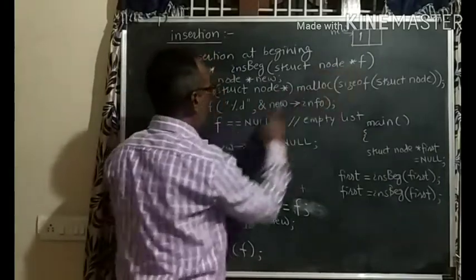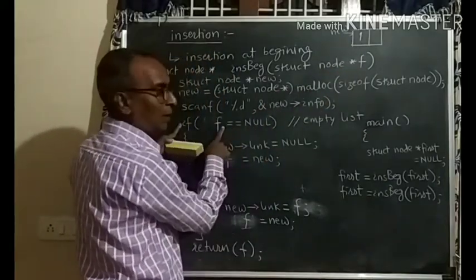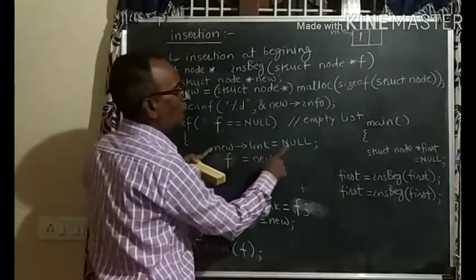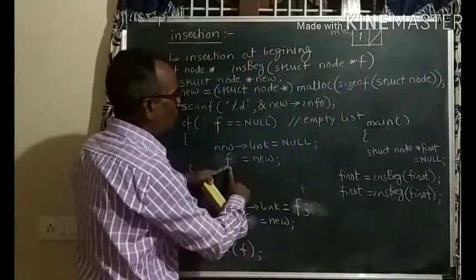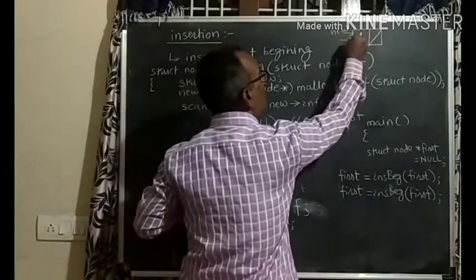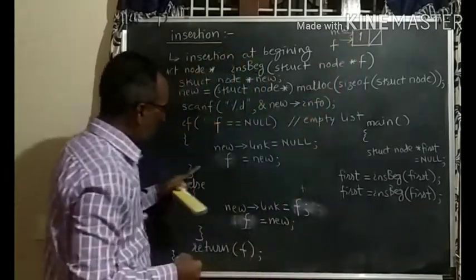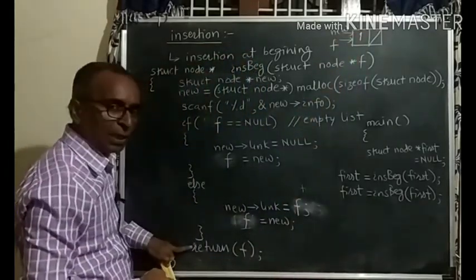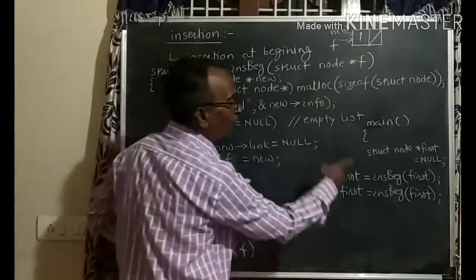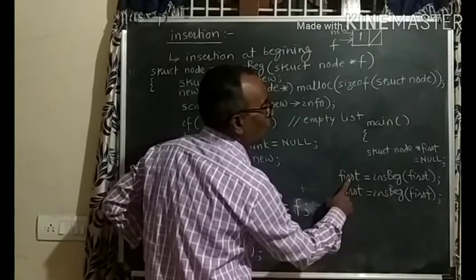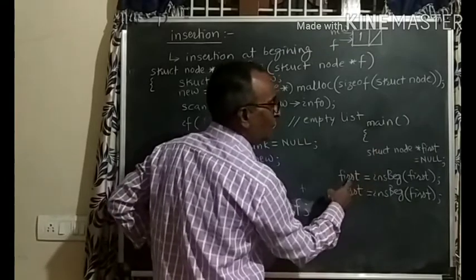F is null, the first call. It will come here. New's link is null. You are setting new's link null. New is given to f, means this is pointed to by f now. Control comes out and return f, means whatever this f is will be returned, and that will be assigned to first. Now in this main, first has been changed.